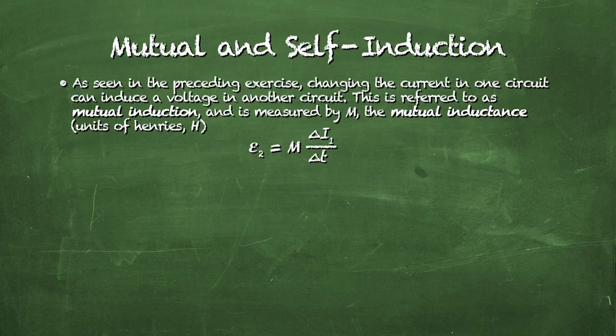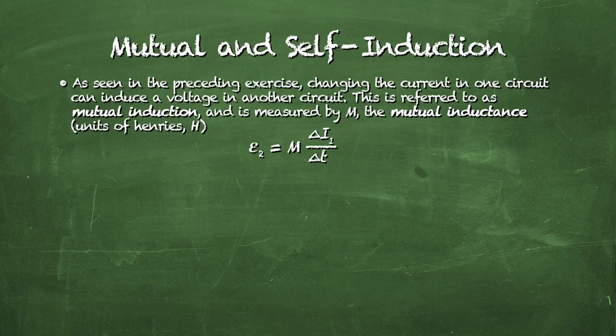So we could actually calculate the mutual inductance of the wire and the loop in the preceding exercise, because we did figure out the electromotive force induced in the loop of wire, that's E2, and we knew the change in current, I1, in the long wire, and we knew the change in time.